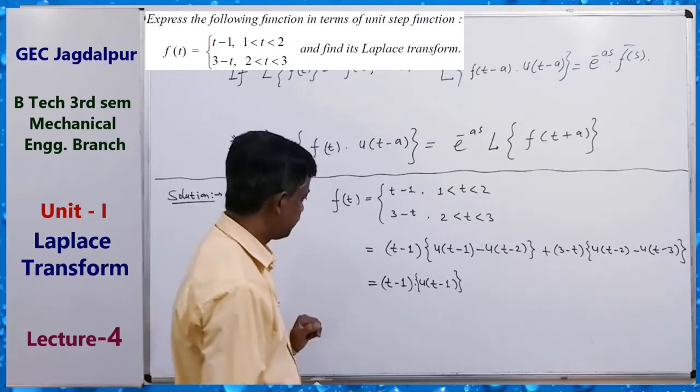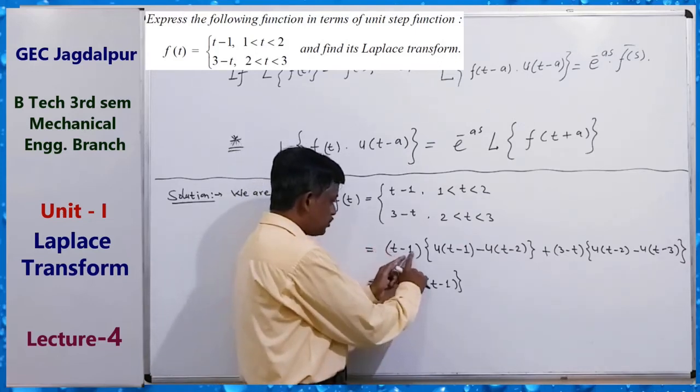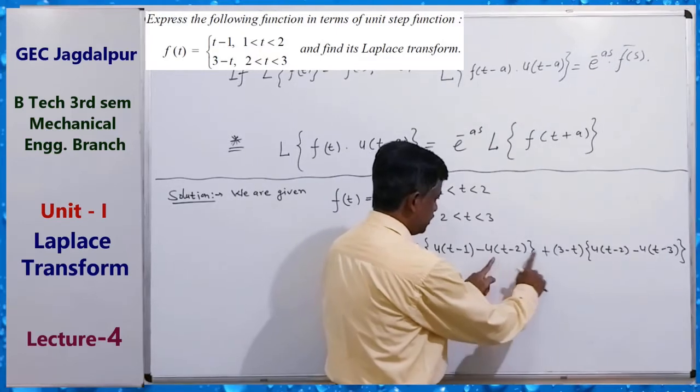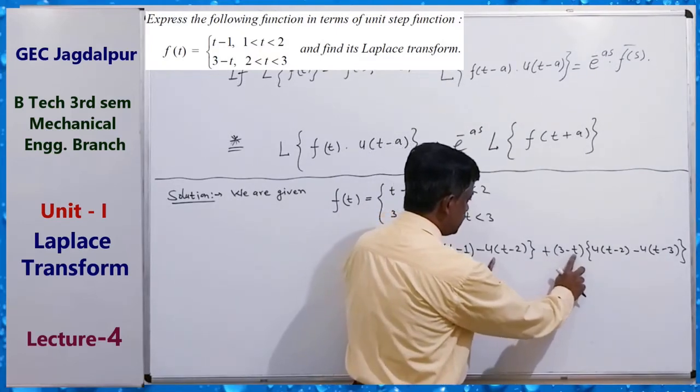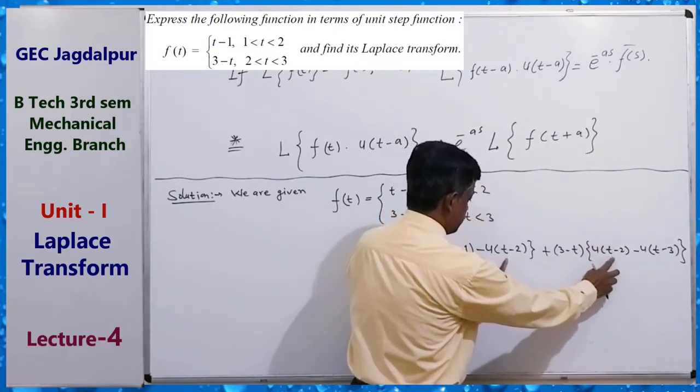Now t minus 1 into this, and 3 minus t into this, is the same in both.